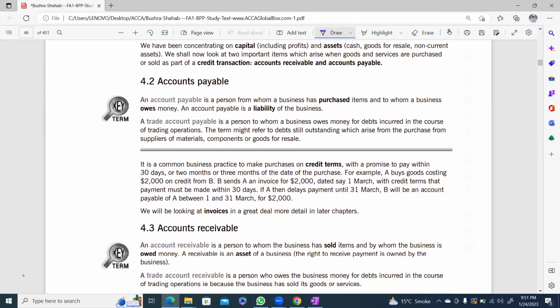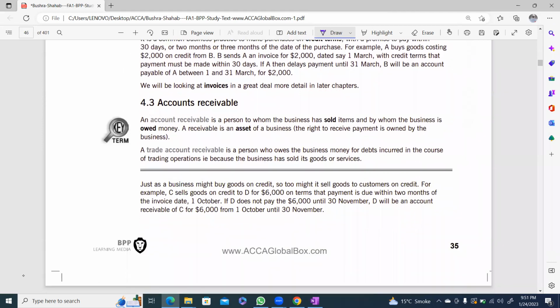There's a certain time period given, either 30 days, 2 months, or 3 months, in which you need to make the payment to the supplier. So the supplier is your trade account payable, and it's a current liability on the business because a supplier won't give you more than a year to pay.